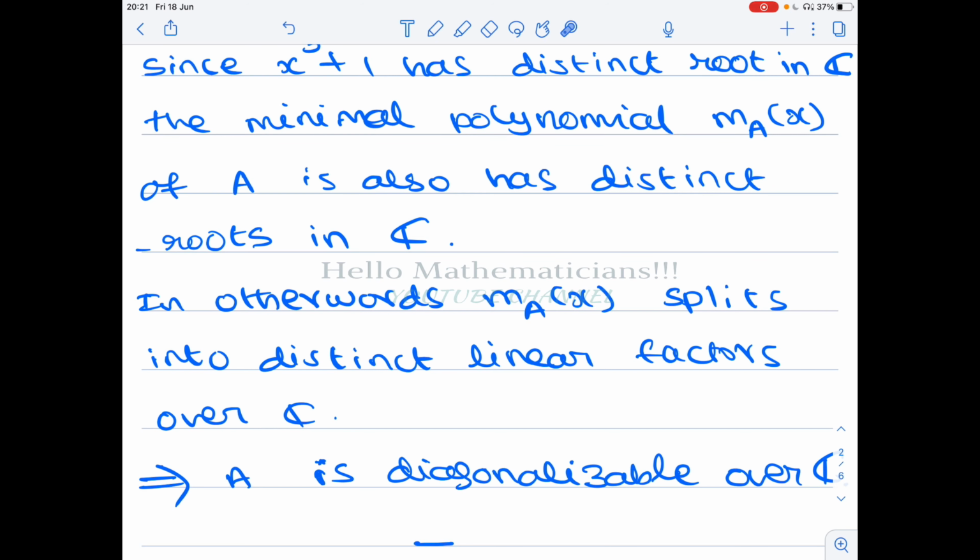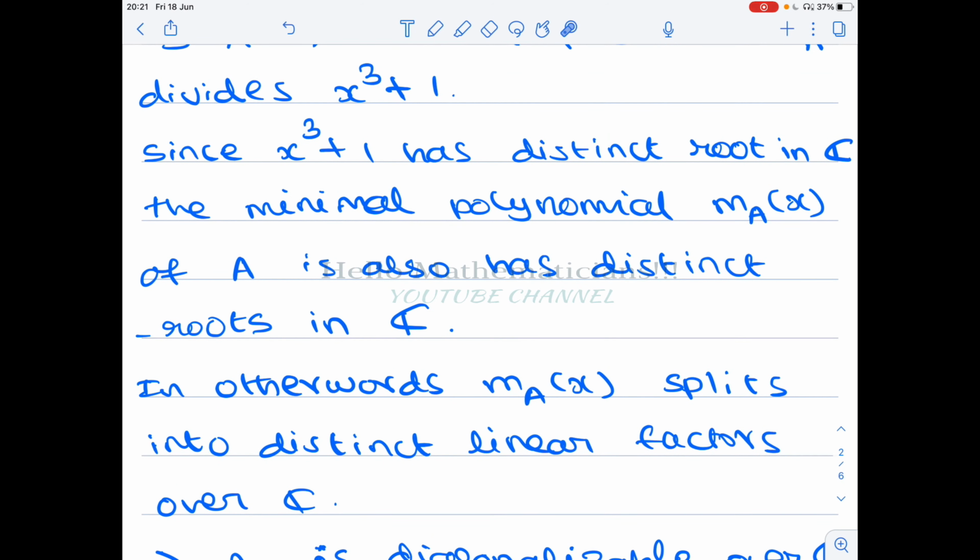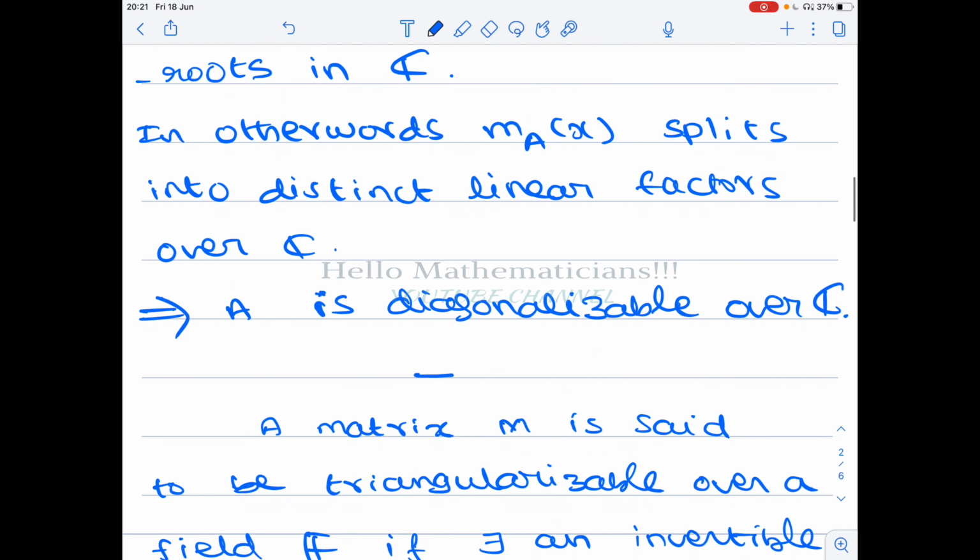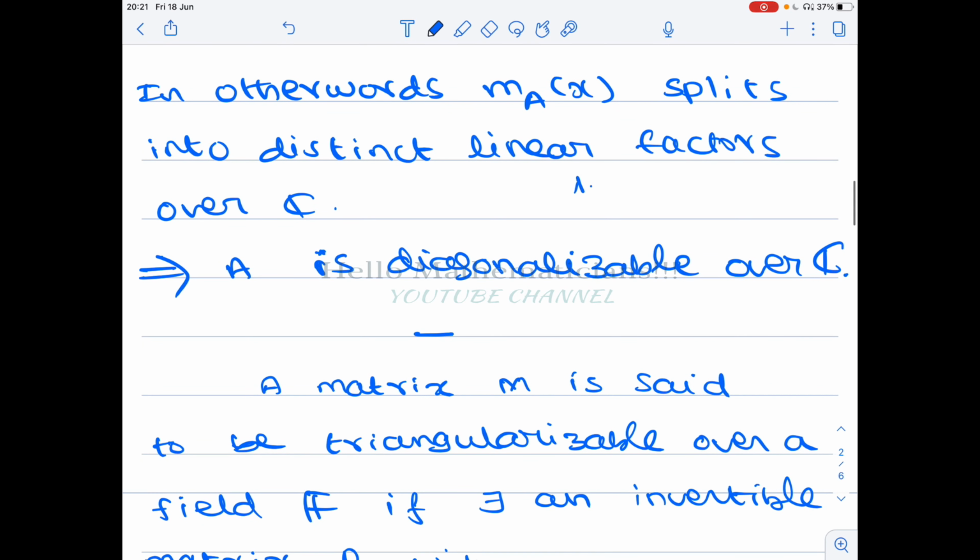For example, if lambda 1, lambda 2, lambda 3 are the distinct roots of the minimal polynomial, then the minimal polynomial is (x minus lambda 1)(x minus lambda 2)(x minus lambda 3).